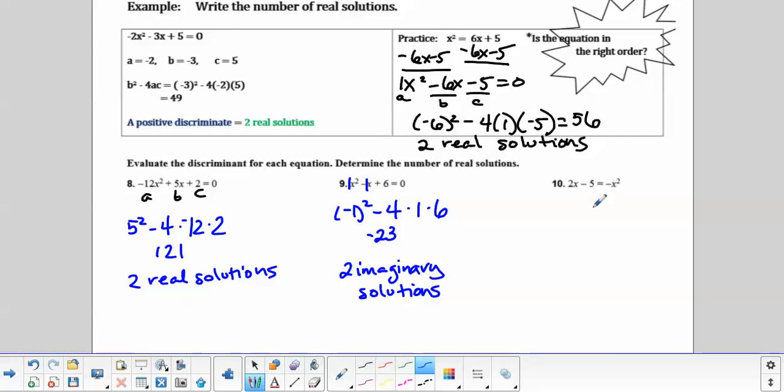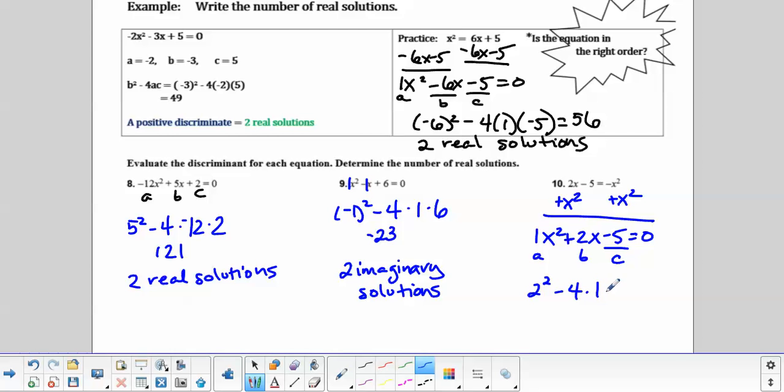Alright, and in 10, I need to make one side 0, so I'm going to add x squared. And I have x squared plus 2x minus 5 equals 0. So my a, b, and c. b squared minus 4 times a times c.